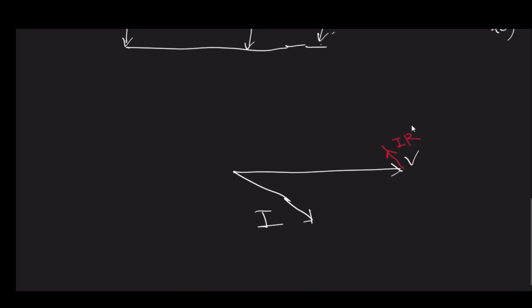Then minus jIXL, so this is our minus jXLI. If you join, you will have E here, right?